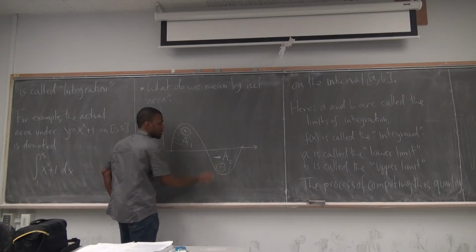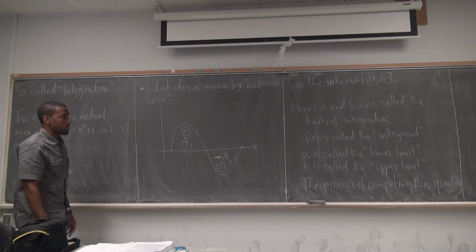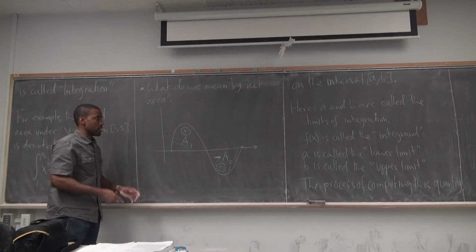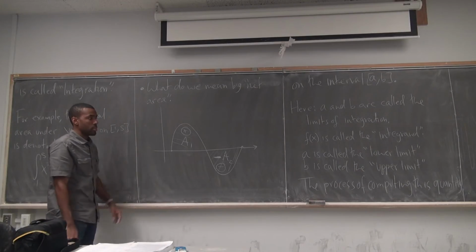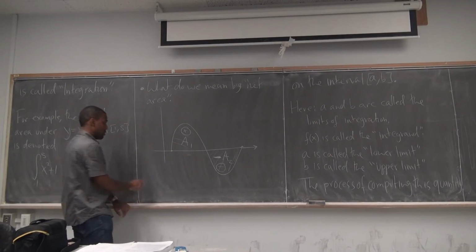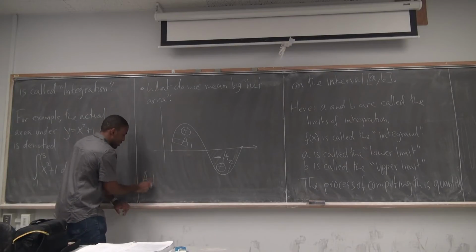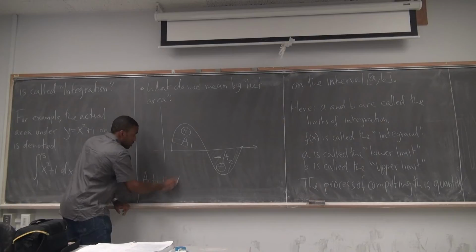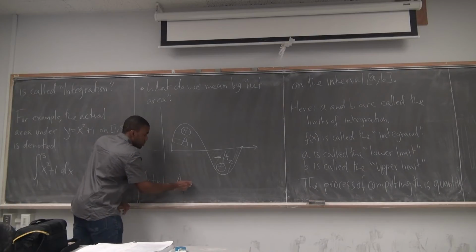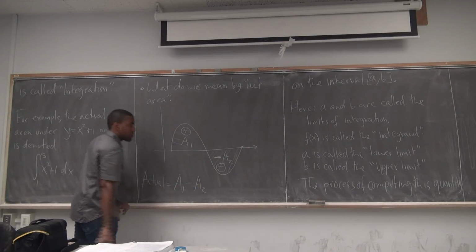If you plug this into the integral, it will actually give you a negative number. So that's what I mean by net area. It kind of averages out the positive and negative areas. So if you wanted the actual area, you take A1 and then subtract the value that you get for A2.